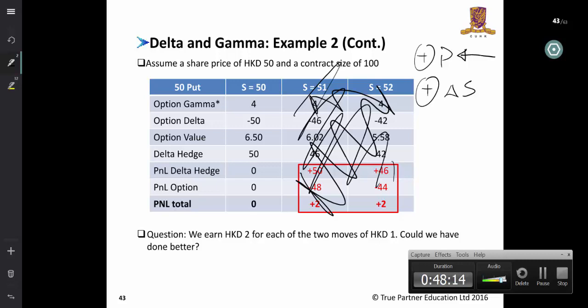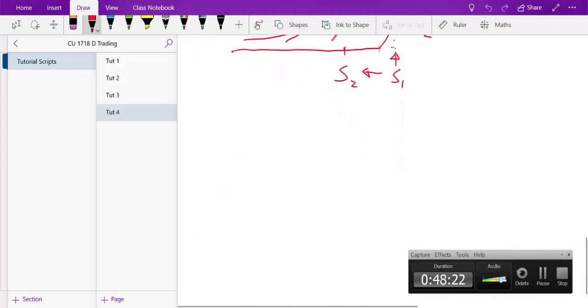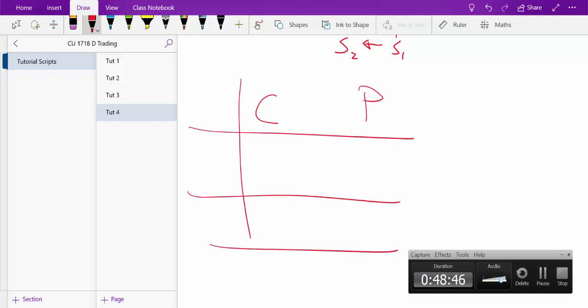Now, maybe I need to digress a little bit here and explain to you that you can be... okay, so there's a call option, there's a put option, and you can be long a call, you can be short.